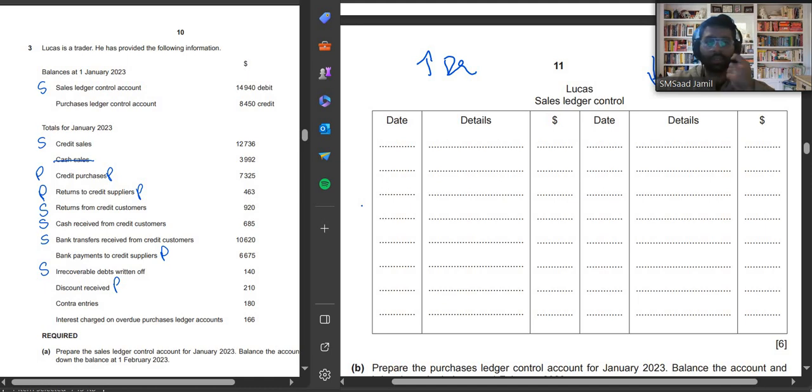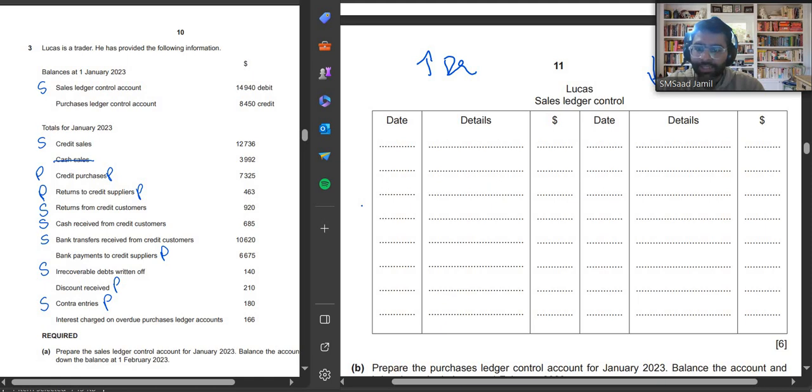So I won't say, hey, take $1,000 from me, and you won't give me $700. We'll just think, oh, I bought something worth 1,000. You bought something worth 700. So we will contra $700, which means I'll just pay you $300 more. So contra basically comes in both your sales ledger control account and your purchases ledger control account.